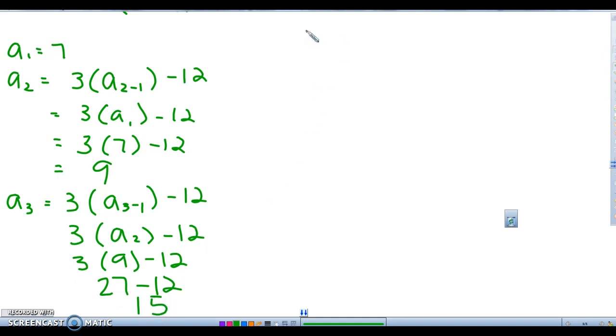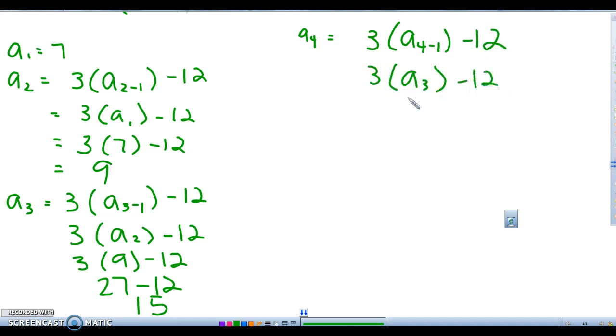And I'm going to repeat this process for a sub 4. So I'll do 3 times a sub 4 minus 1, minus 12. 4 minus 1 is 3, so that's really a sub 3. And remember, a sub 3 was 15. It's what I just got. 3 times 15 is 45.